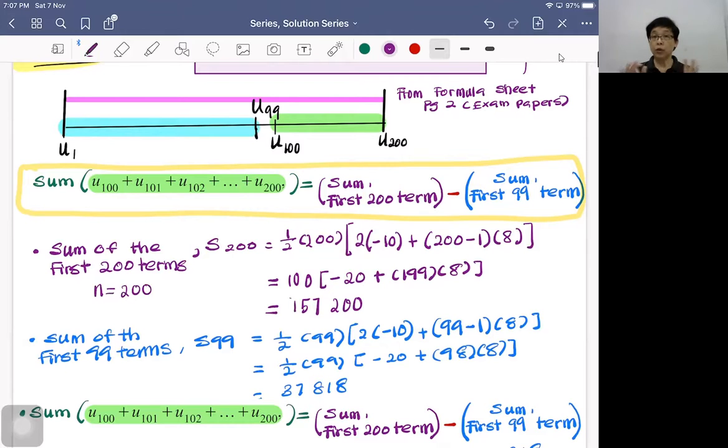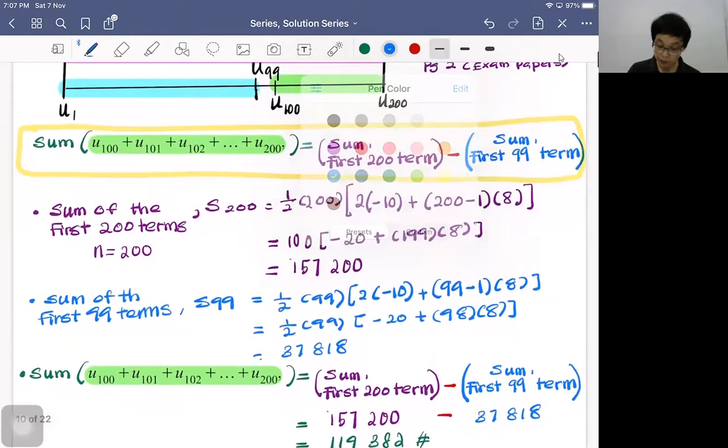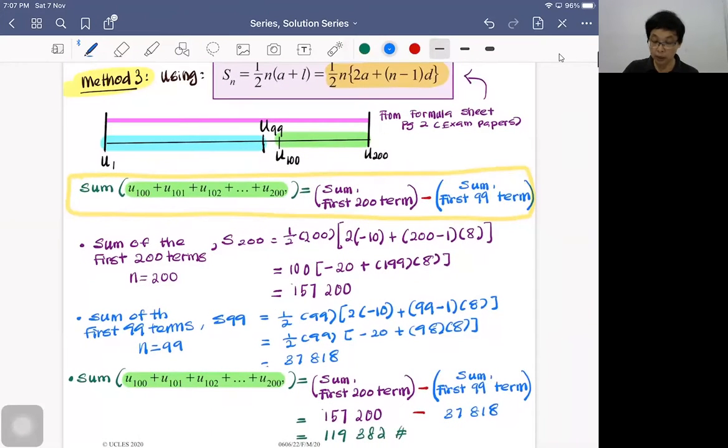We do not have to worry about whether we need to add 1 from ordinal to cardinal. No, this one you just start from the first all the way to 200. So your n is 200 for the sum of the first 200, and your n is 99 for the sum of the first 99 terms, and you do the substitution accordingly into this formula.